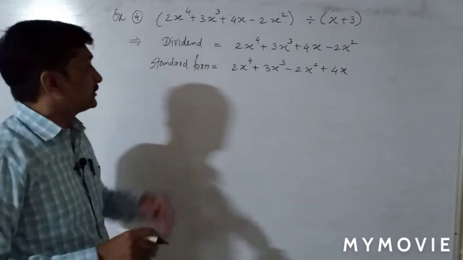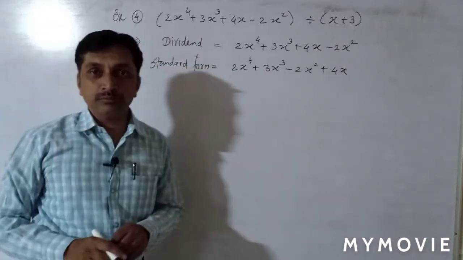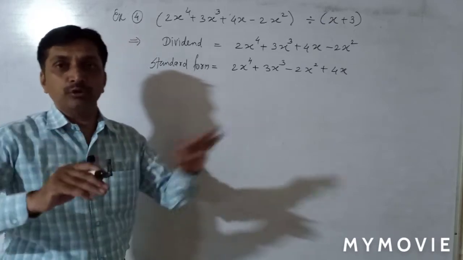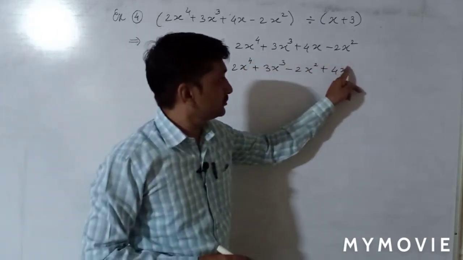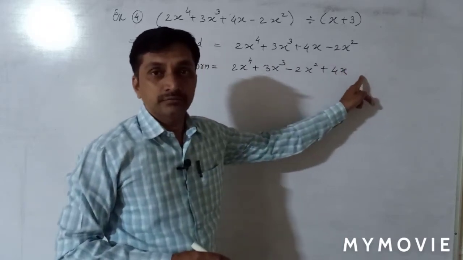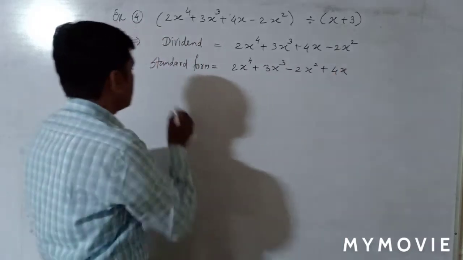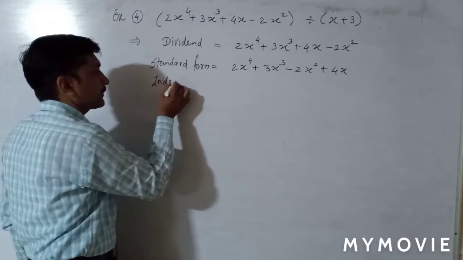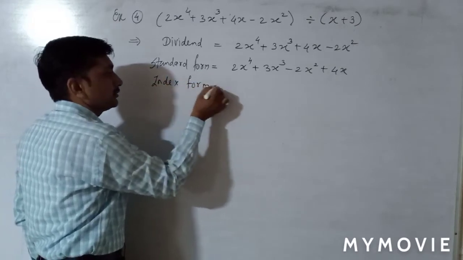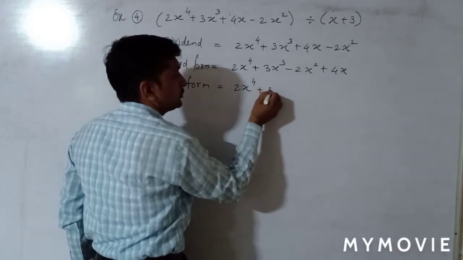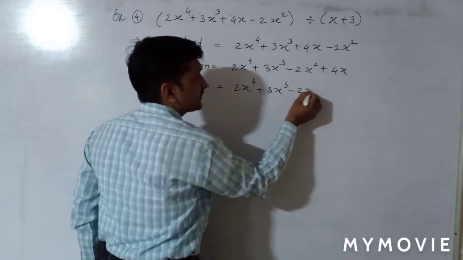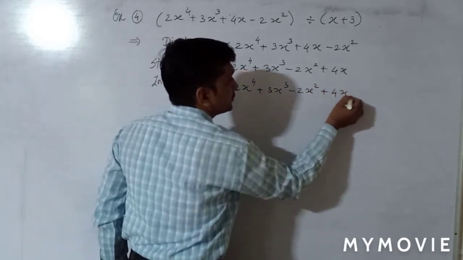After standard form, is it in index form? For index form we want all the powers, 4, 3, 2, 1, 0. 0 is not there, that's why we have to add 0 in index form. Index form, just add 0 here: 2x raised to 4, 3x cube, minus 2x square, plus 4x plus 0.